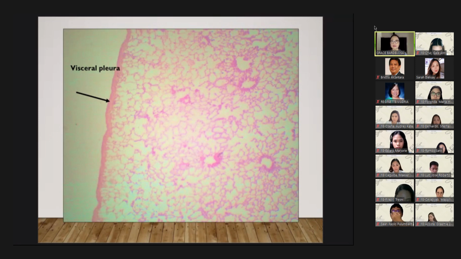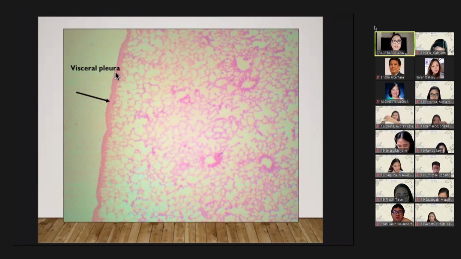But textbooks will also say that the lining epithelium could also be, aside from flattened cells, cuboidal cells or low columnar cells. But to be uniform, it is composed of a single layer of mesothelial lining. And of course, it is supported by a thin basement membrane, okay?